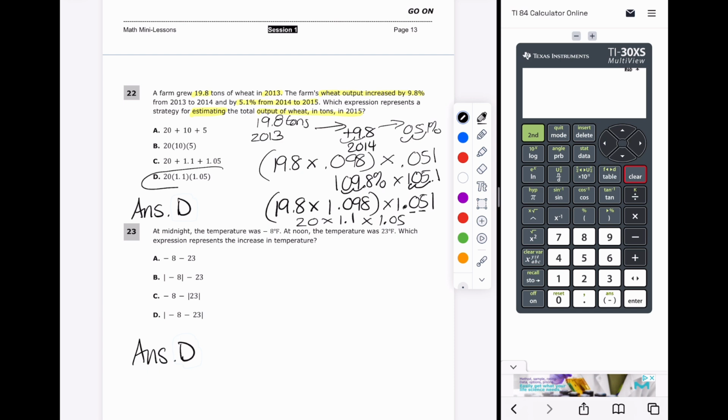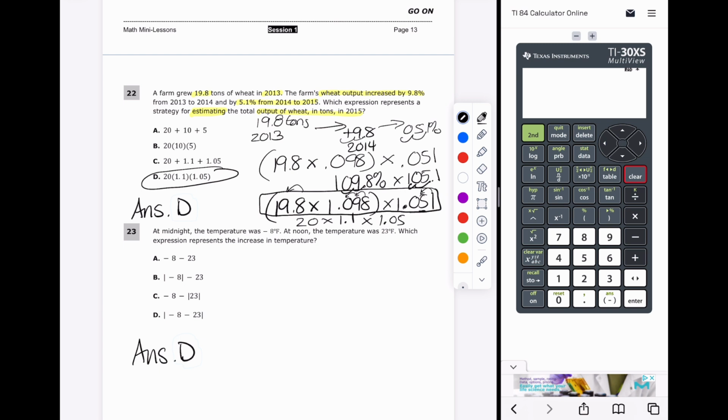And that's where we get it in D. Okay, so that's all they did. They got this, and then they made it extra tricky, and they said, well, you estimate it. So they just rounded all these numbers. So here I rounded up to 20. This one rounds up again to 1.1, and this one rounded down to 1.05. That's all they did. All right, let's look at the next one.